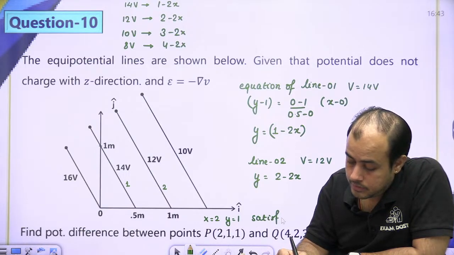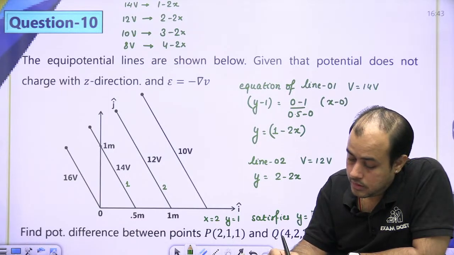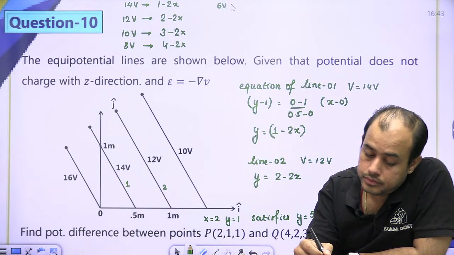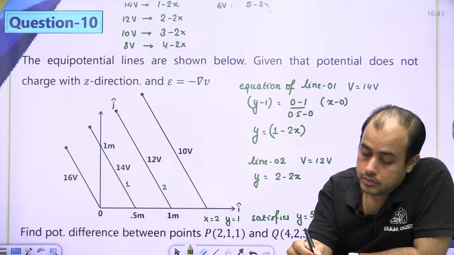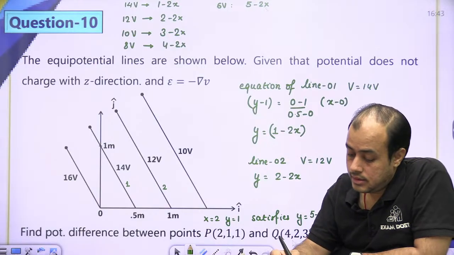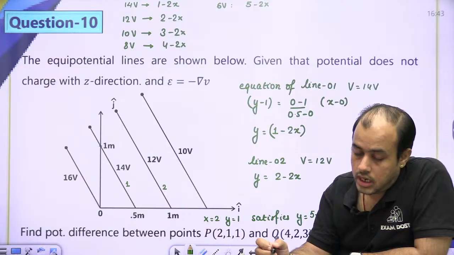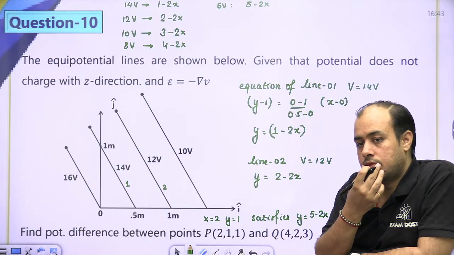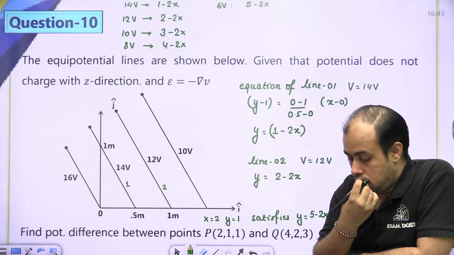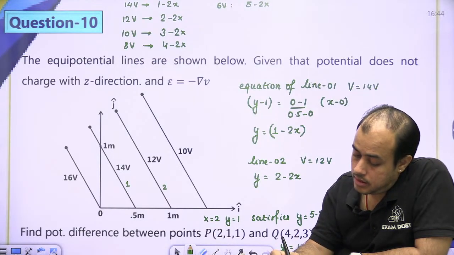satisfies y equal to 5 minus... Look, put it in: if you put x as 2, y comes out as 1, 4, 2. Here we got the potential, 6, 4, 2. It will satisfy 10 minus 2x.